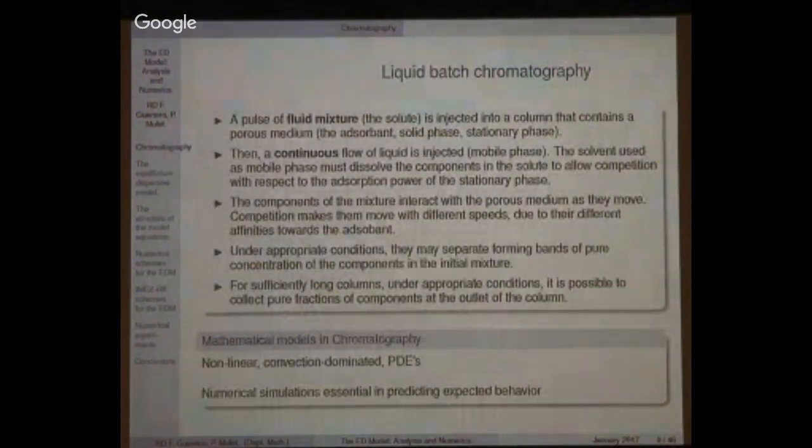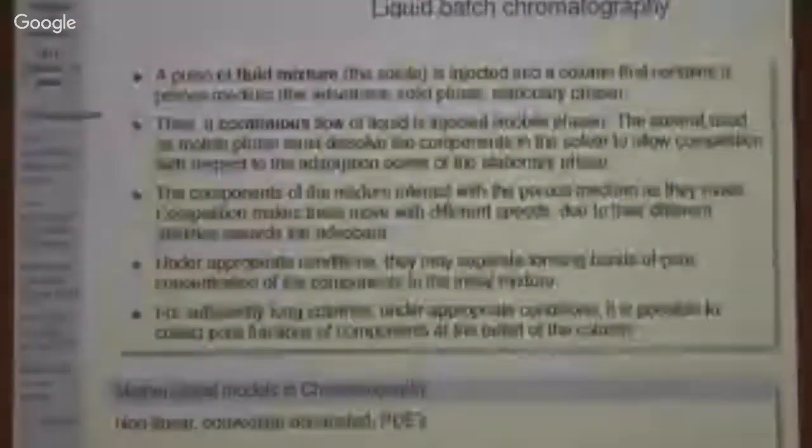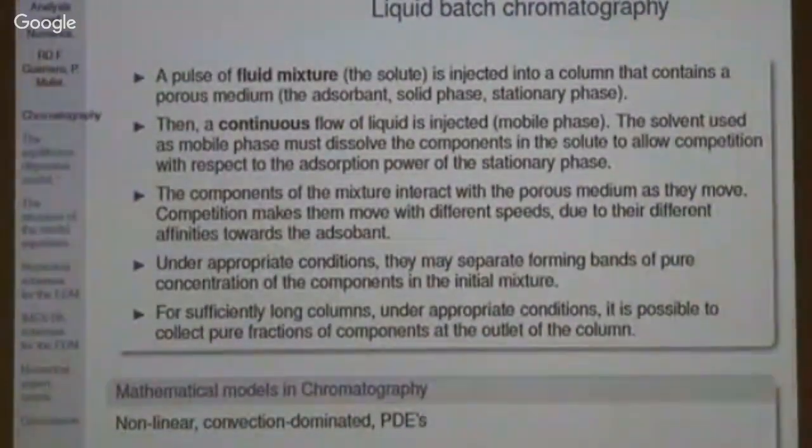Okay? So the setup is the following. So you have a column containing the adsorbent, which is called the stationary phase, okay, as a porous medium. And then you pass a continuous flow of liquid, a mobile phase, with a constant velocity, okay? And then this mobile phase, the solvent, must dissolve the components, but it should allow competition with respect to the adsorption power of the stationary phase.